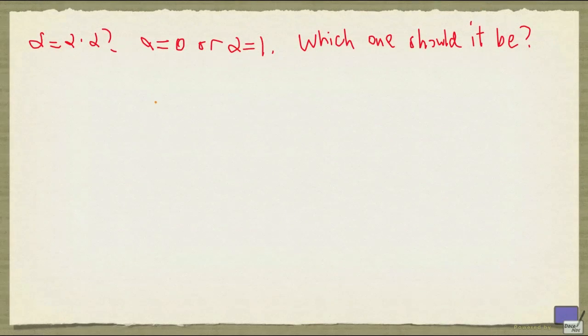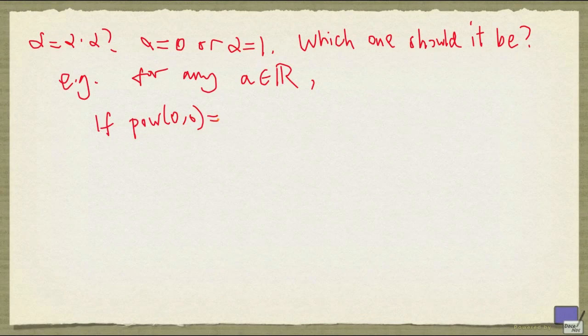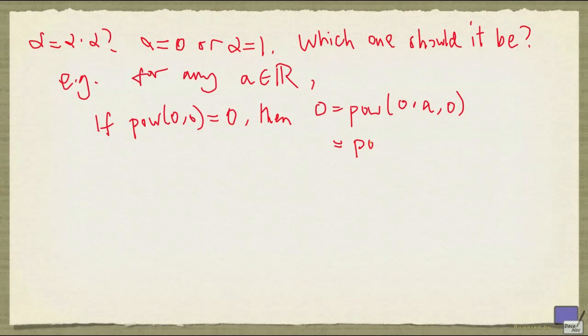Now the question is, are both possible? It turns out that either value is consistent with the properties that we have listed for the powers. For example, to check property 3, take any real number a. If we assign 0 to the power 0 to be 0, then 0 is the same as POW(0 times a, 0). And this will give us, by property 3, POW(0, 0) times POW(a, 0).